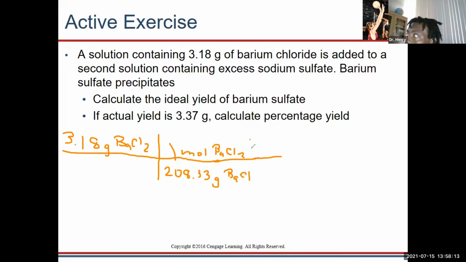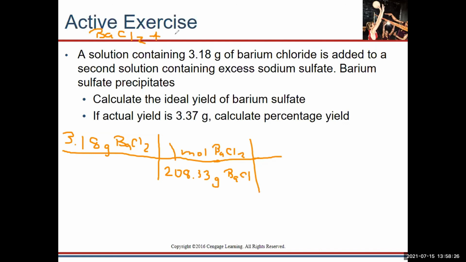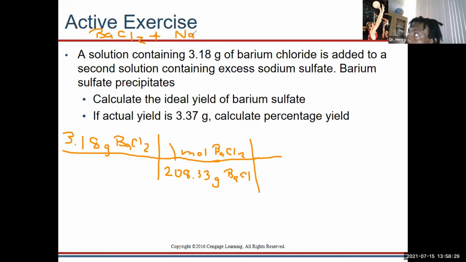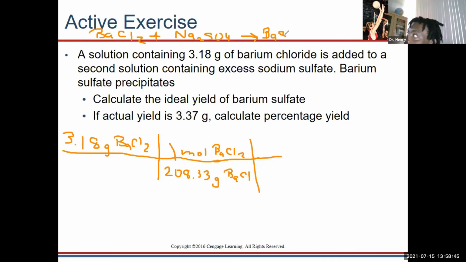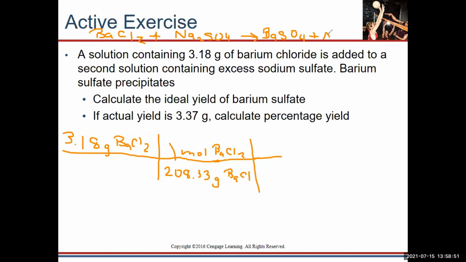Okay, so we used the chemical equation, which we had, I'll write it up here: our barium chloride plus sodium sulfate yields our barium sulfate and our sodium chloride.